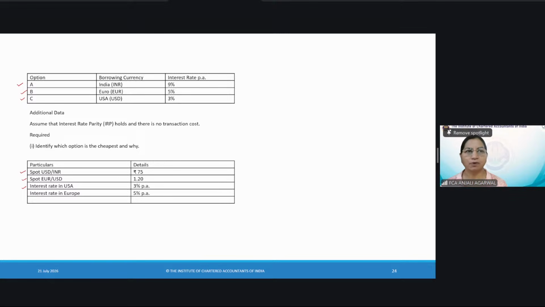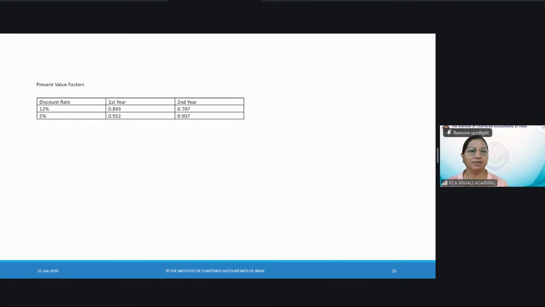So let's try borrowing in India, Indian currency, in European currency, or in US currency. Let's see how it will impact. But first, let's also calculate the forward rates which will be applicable after 1 year and after 2 years. And present value factors are given at 12% and 5%.